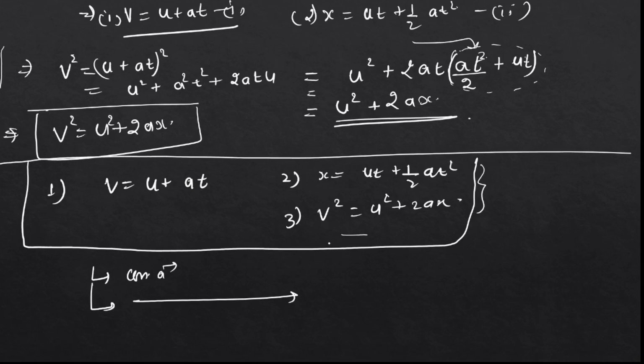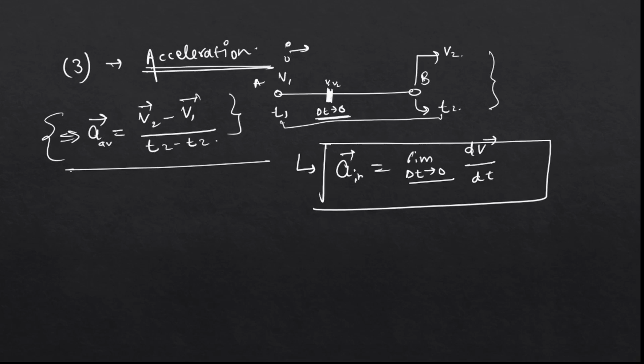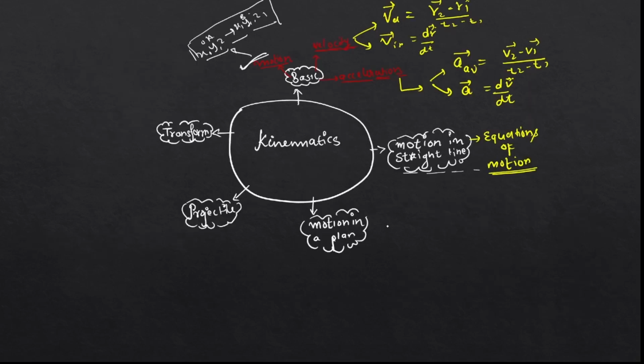But remember, only if there is constant acceleration can you use these. Now this was for motion happening in a straight line. As we have derived these equations, let us fill in the mind map which we had made. So we had three equations.